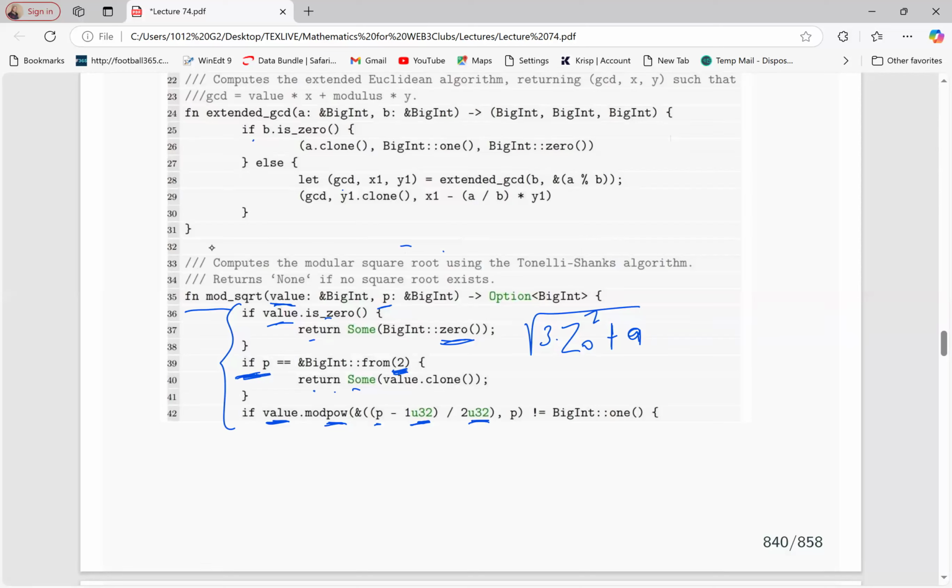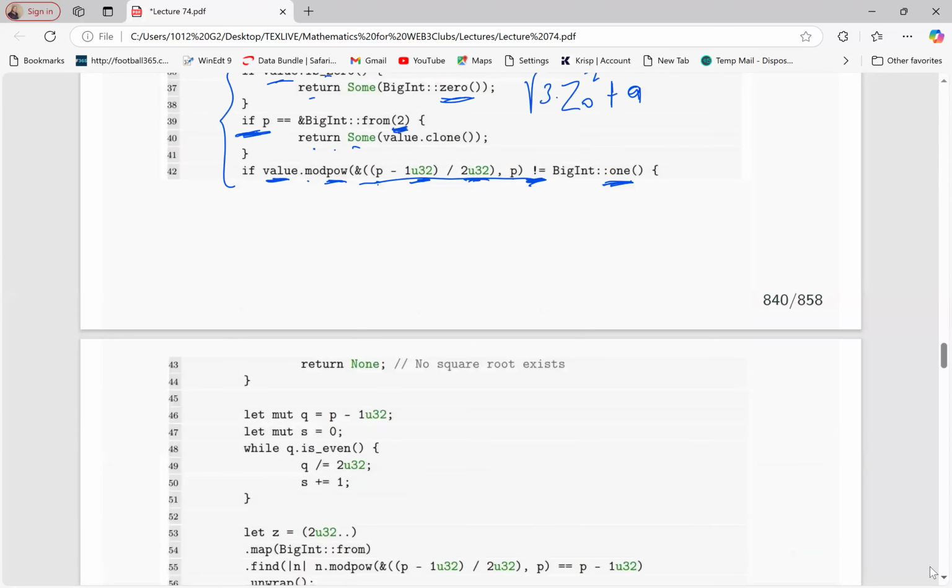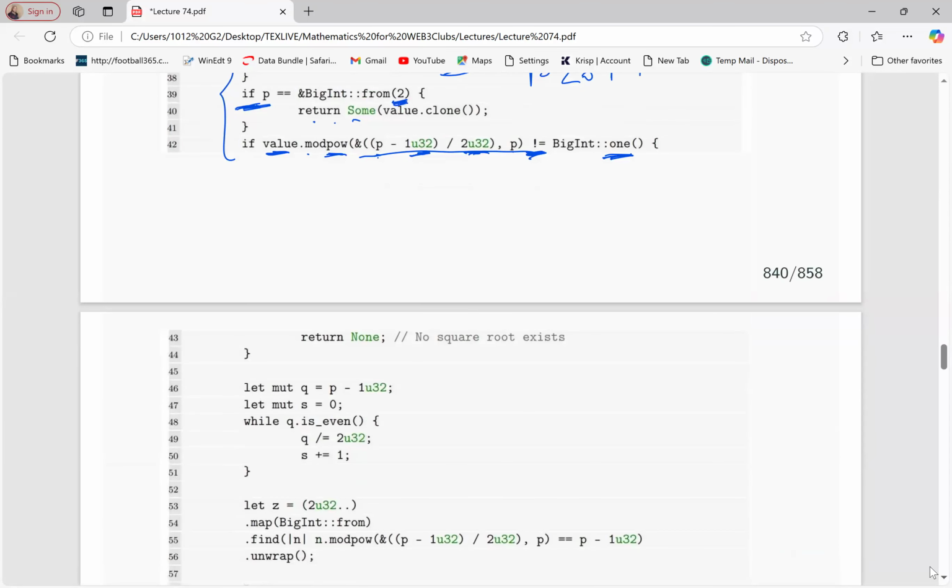Now, supposing P minus 1 divided by this mod P would not be equal to 1. If this value here will not be equal to 1, then we enter this loop to perform the square root.